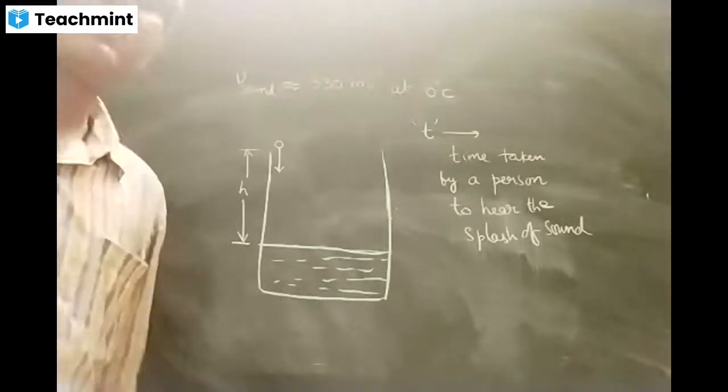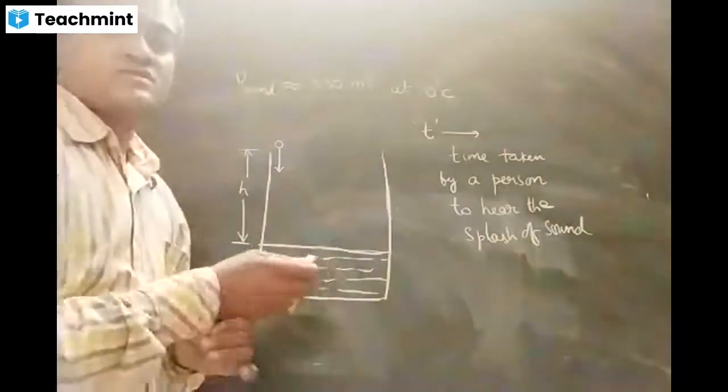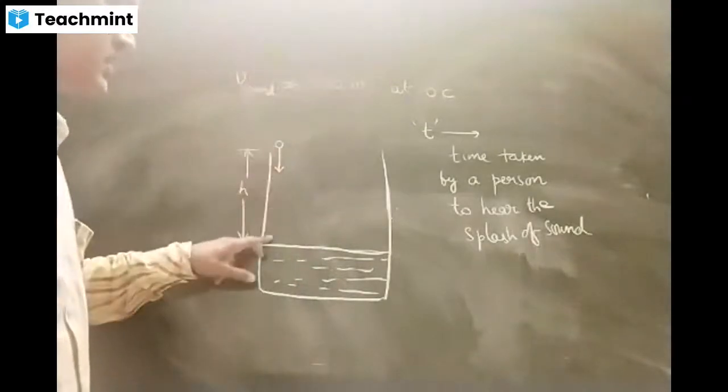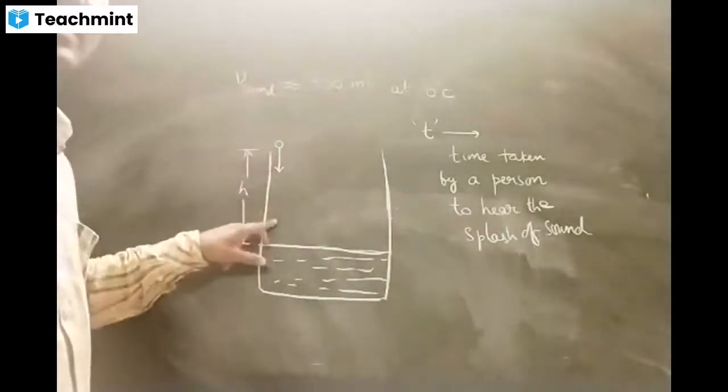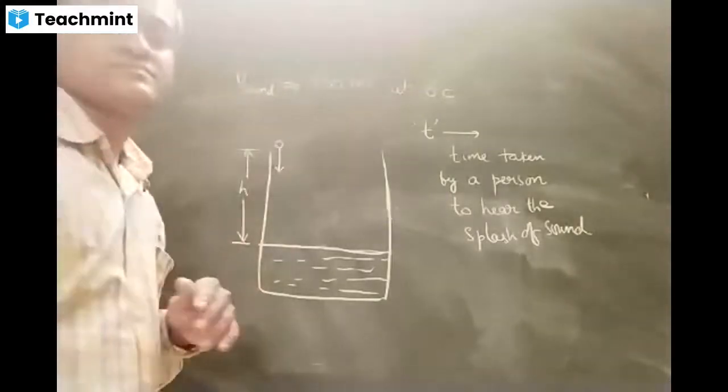Why total time? Because when a stone is dropped from a height h, I will take this downward time as t1.